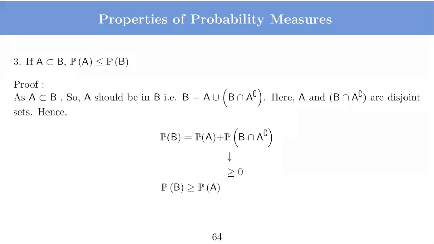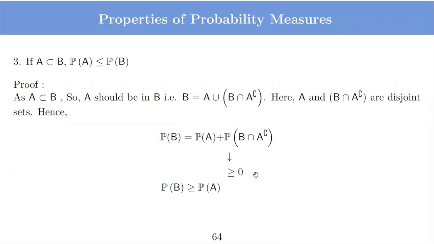So we can apply the property which we proved, that probability of B should be equal to probability of A plus probability of B intersection A complement. Okay, this is nothing but just saying that probability of two sets A1 union A2 is equal to PA1 plus PA2 if A1 and A2 are disjoint. Okay, now once we get this, you can see this probability of B intersection A complement is probability of some set, and the probability of some set cannot be negative.